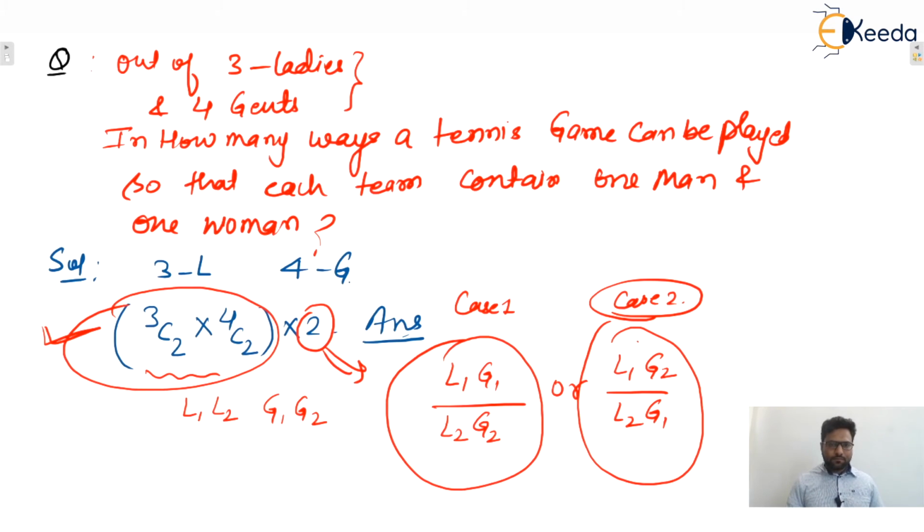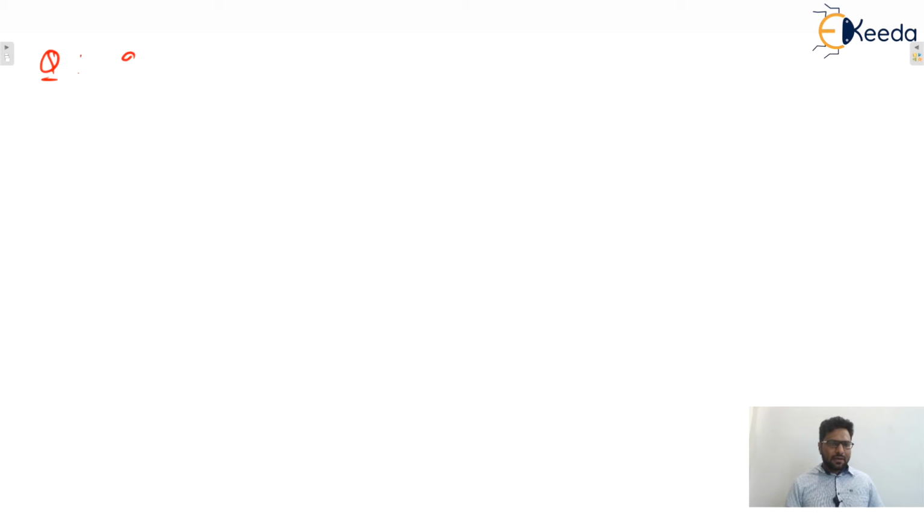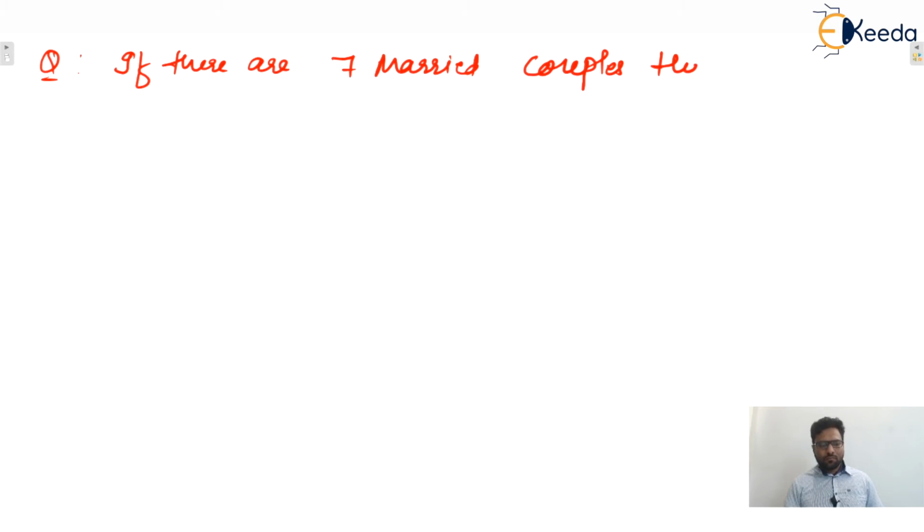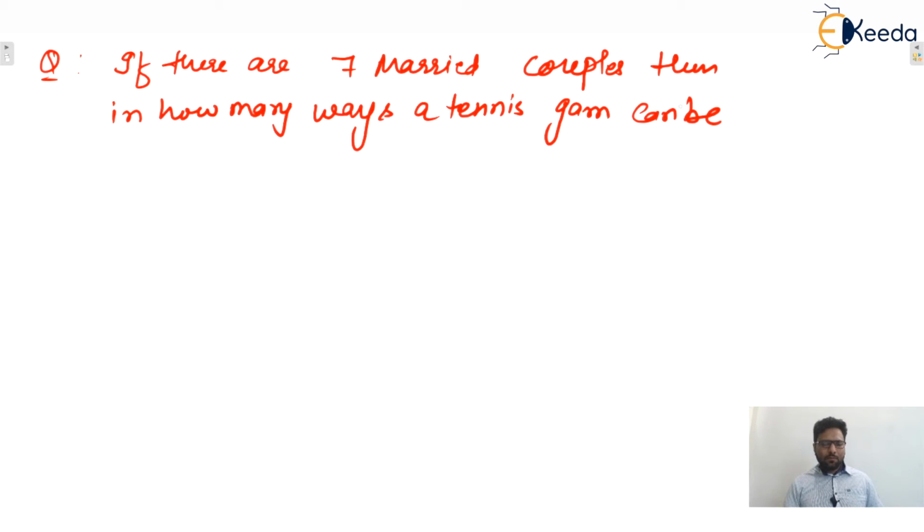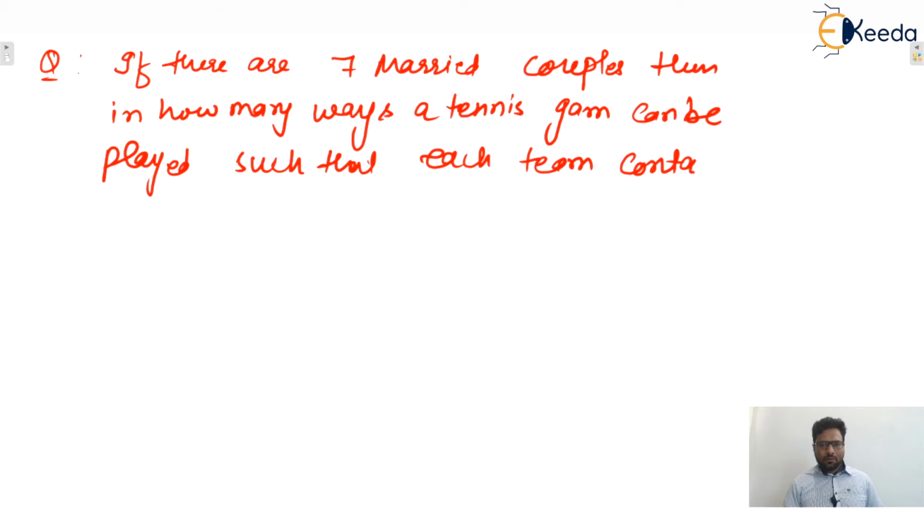Okay. Write down the next one. Next question is: if there are 7 married couples, then in how many ways can a tennis game be played such that each team contains one man and one woman?